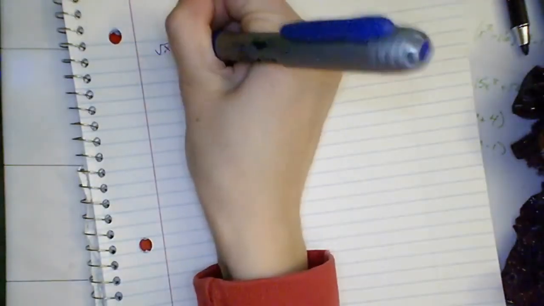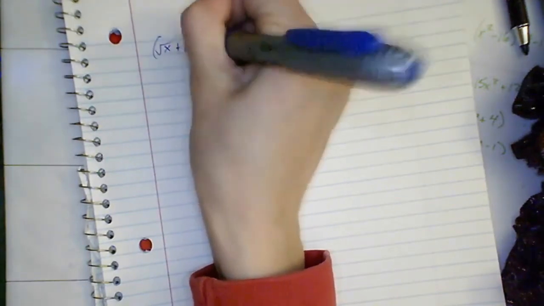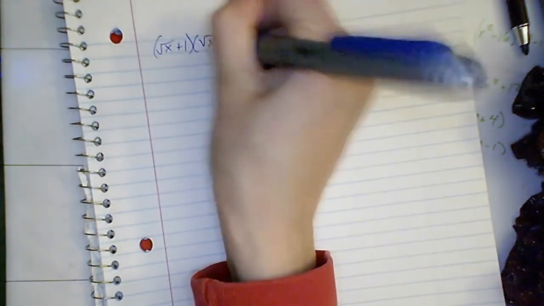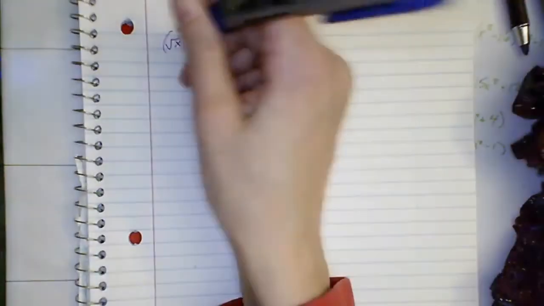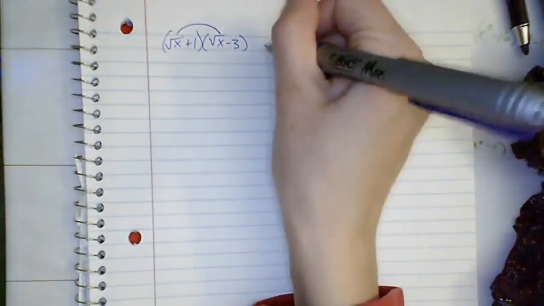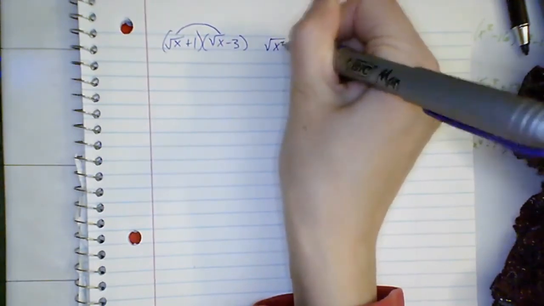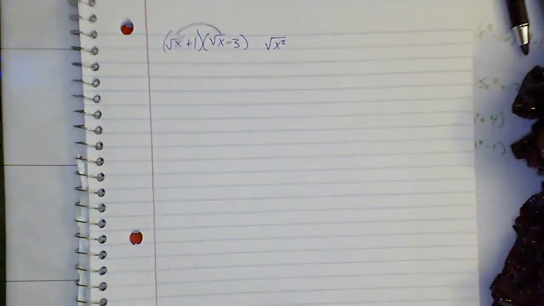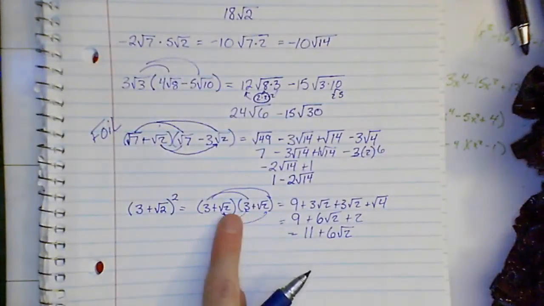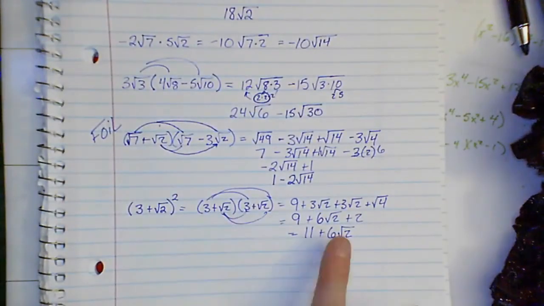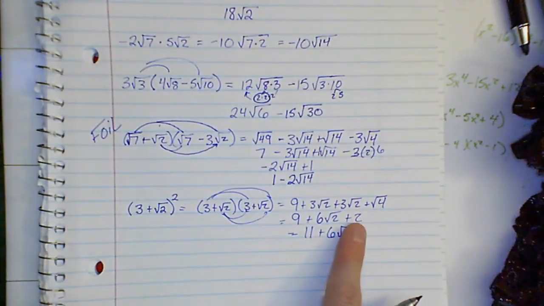Square root x plus 1 times the quantity square root x minus 3. So FOIL. This is square root x squared, or a little shortcut here. If you notice, as long as we're in square root, if we have the same thing under the square root, we just get what's under the square root.